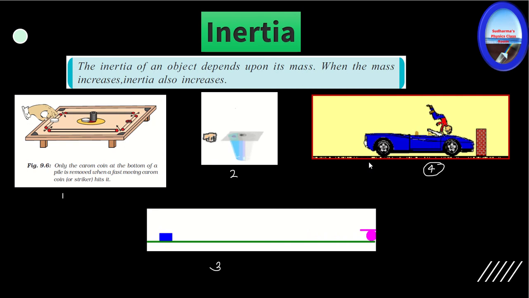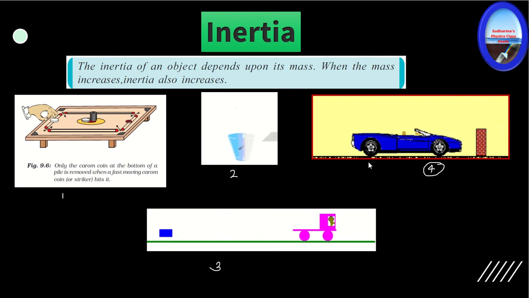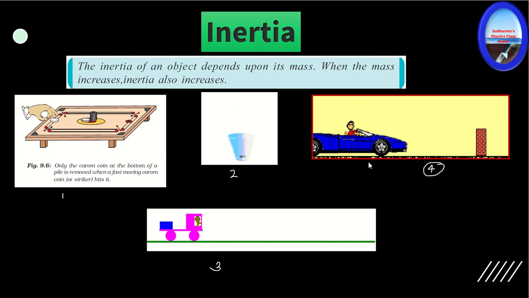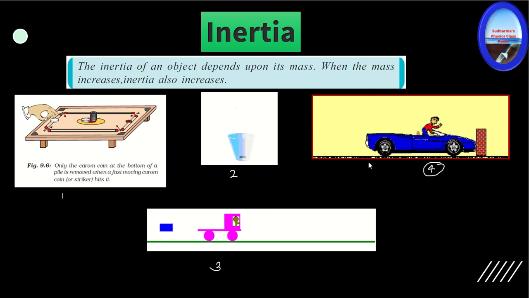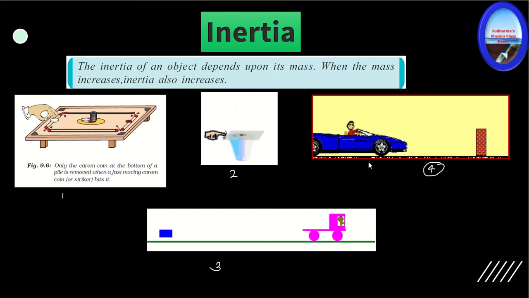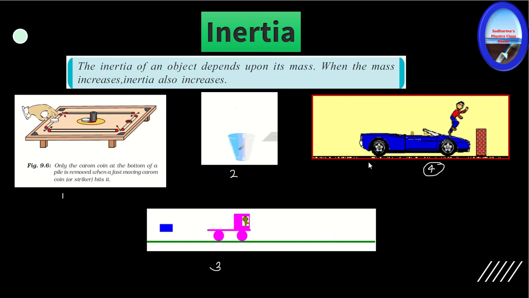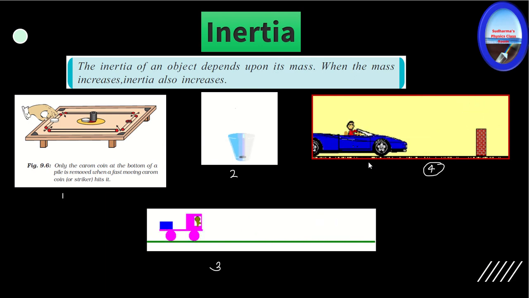A very user-friendly example: every day, all of us travel in a bus, right? Say the bus is stopped at the bus stop and we all enter the bus. Say, for example, we are standing in the bus. Then suddenly the bus starts. What happens then?